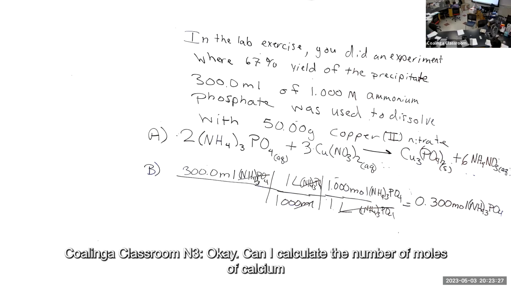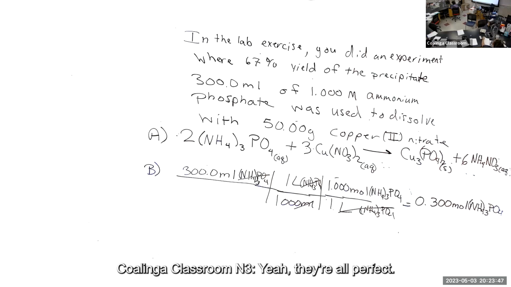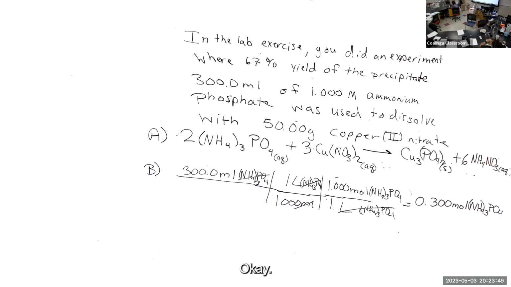Okay, so that's how many moles of my ammonium phosphate I have. Can I calculate the number of moles of calcium? Copper 2 nitrate. I got 0.15... 300 times 1.00.